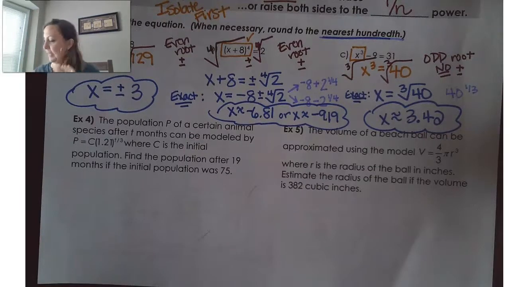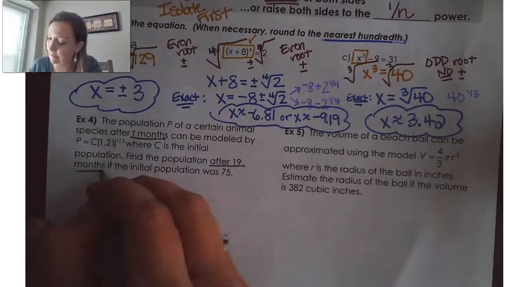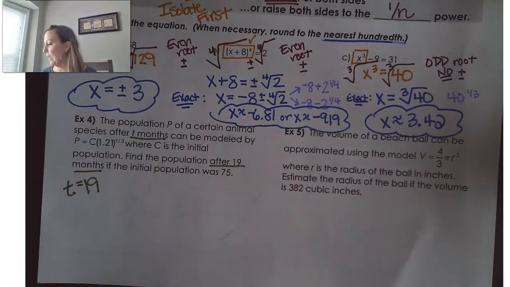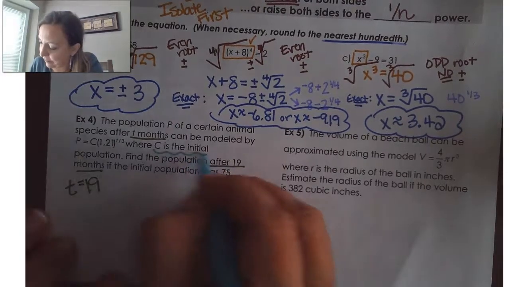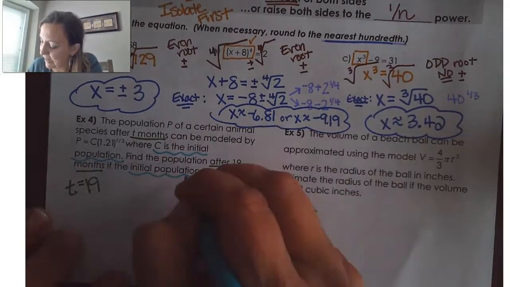All right. Well, this is after T months, and this is looking after 19 months. So this is telling me that T is 19. And it's also telling us that C is the initial population, and that the initial population was 75.